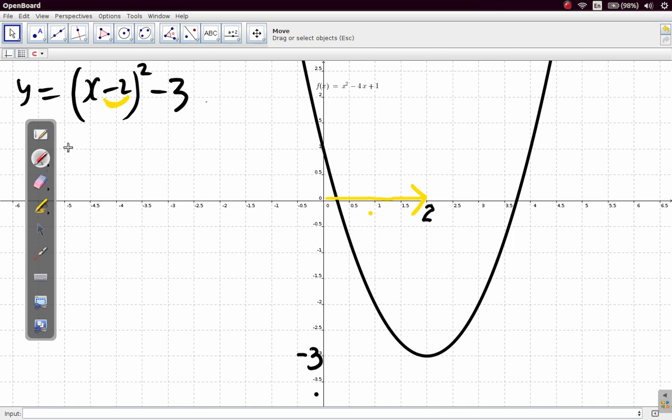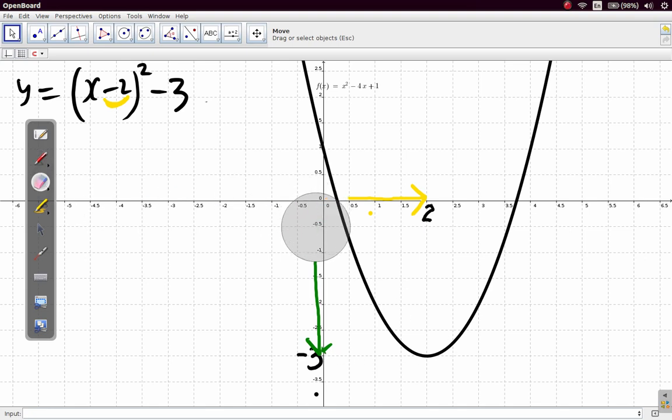Now the minus 3 is telling you that the graph is shifted 3 units down. Look at this. It's shifted 3 units down.